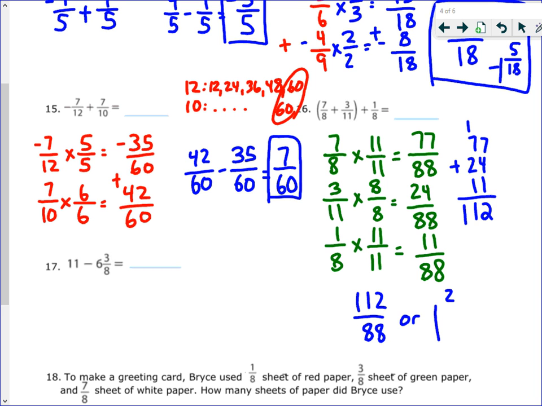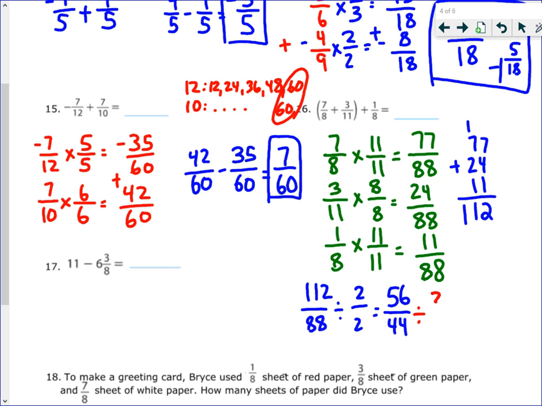Well, actually, I need to simplify this. So let's simplify this first. 112 over 88. Let's divide it by 2, see where that takes us. 56 over 44. I'm going to divide these two by 2 again, which gives us 28 over 22.